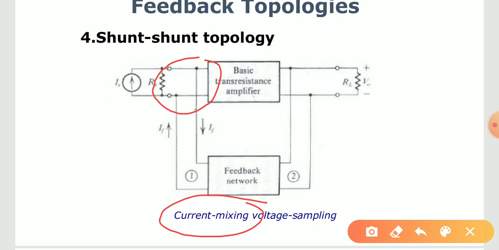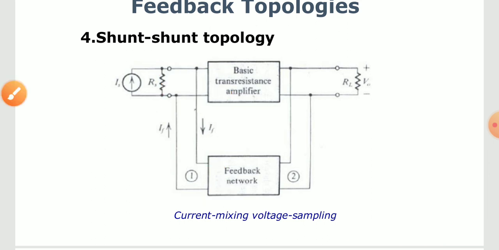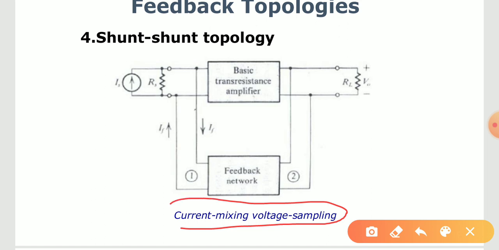To recall this one again, you just imagine this is the R of I, and here this is the R of FO for the output side feedback. So what happened? Their connection is the parallel one. So obviously, due to the parallel connection, the current parameter is mixing there. So this is current mixing and voltage sampling formation.